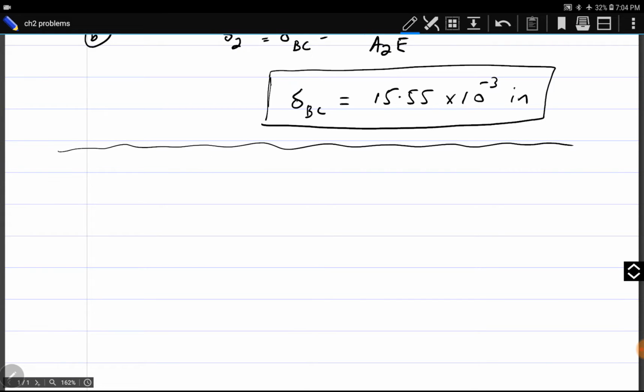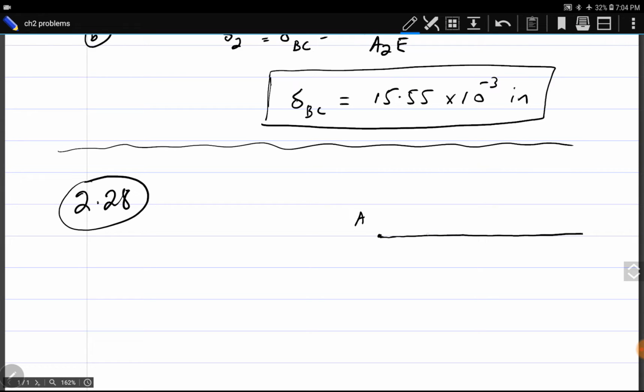Problem number 228. Here is a rigid bar ACB. It will rotate due to the load.